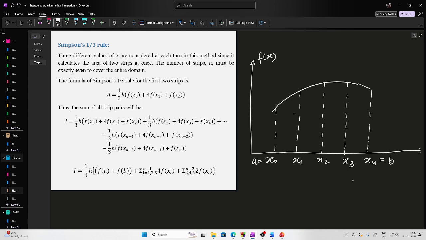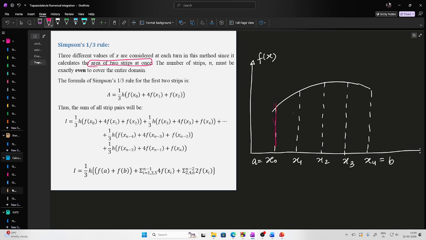So in trapezoidal case, you have taken individual trapezoids and then added the area. So here what we do is, we don't take individual trapezoid. Instead, we take area of two strips at once, and area of two strips in such a way that we fit a polynomial there of second power.